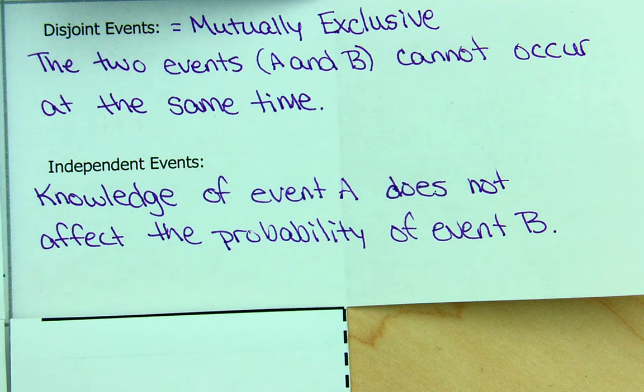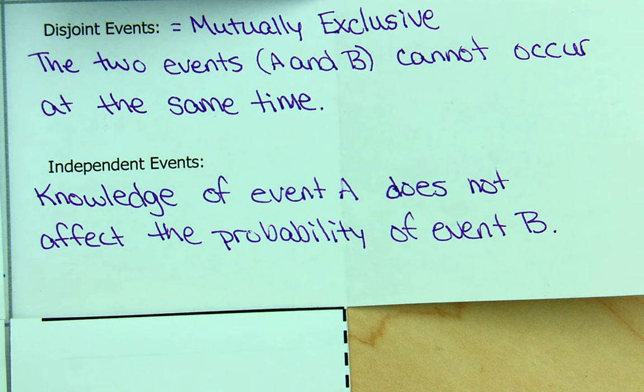By the time I get to the 5th person, their probability of being selected on the 5th draw is higher than it was on the 1st draw. Does that make sense? Because I've already chosen some people. So that would not be independent because the probability changes each time one was selected. The probability of getting selected next is different.